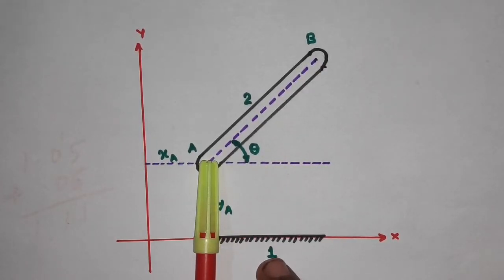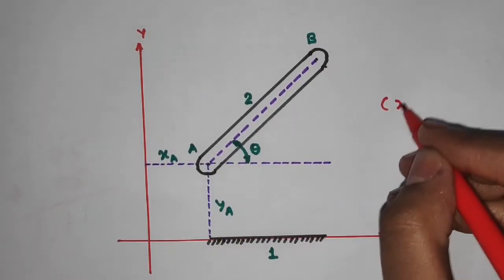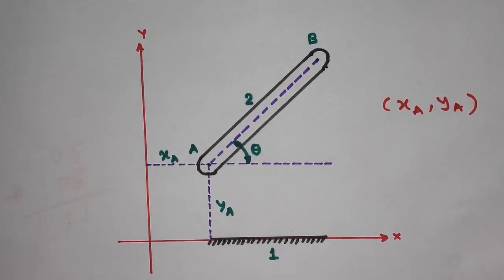So we can say the coordinates of this point A will be XA, YA. So these are the coordinates of point A on a 2D plane, where we have X and Y as the 2D axes.